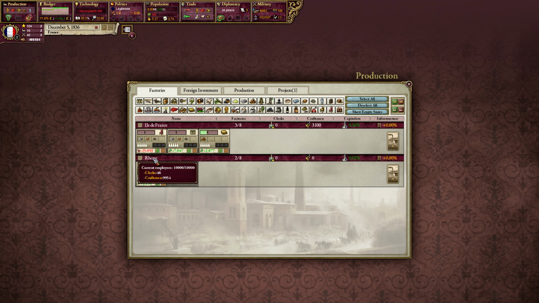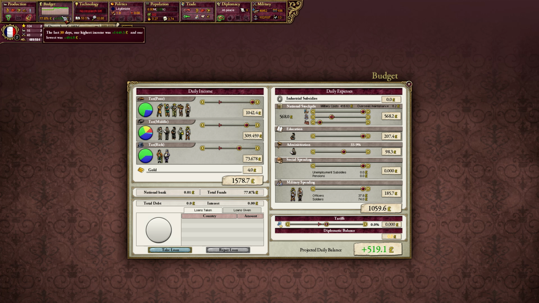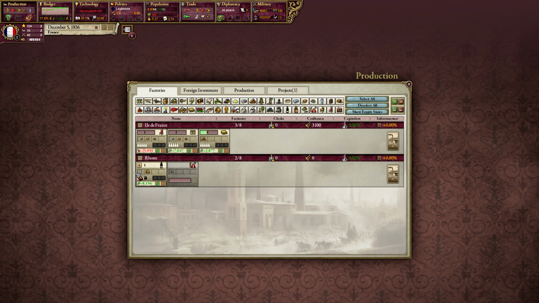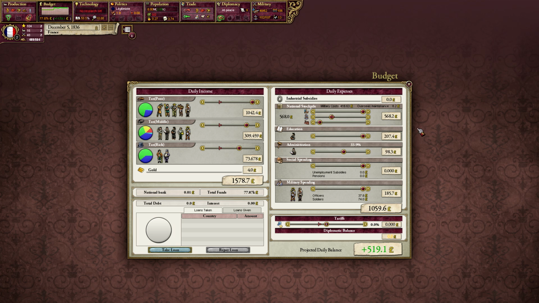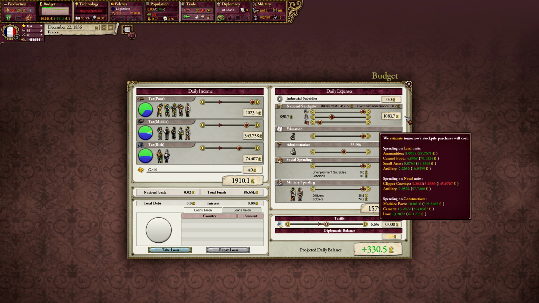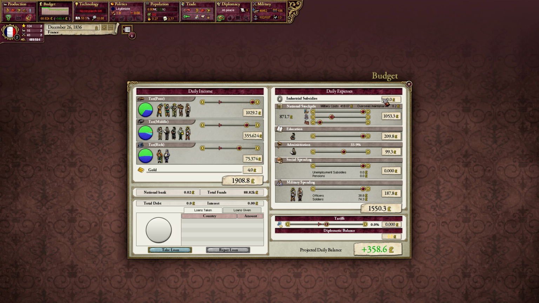And if you subsidize a factory and it's in the red, meaning it's losing money, we can then vow to pay for that money that it's lost. But right now, because our factories are making enough to pay this back, we don't have to pay anything. But if I play this for a while, you may see this go up and down. So our factories are self-sufficient at the minute. We don't have to pay any money into it. But this is what this number here means.